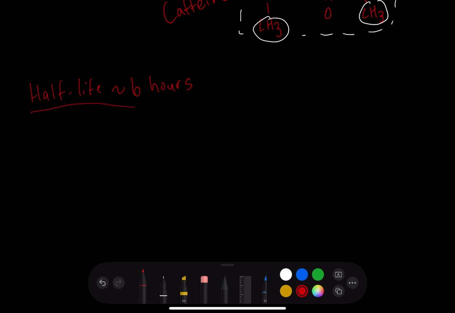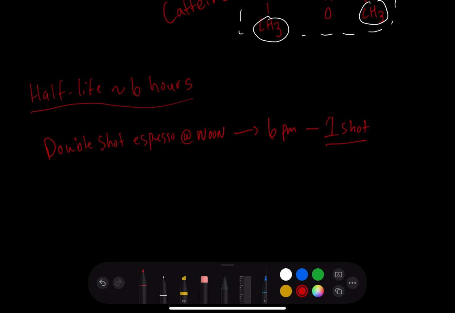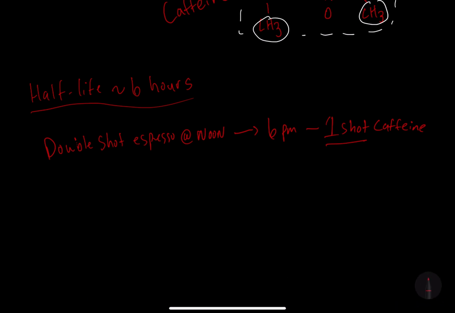So if the half-life is 6 hours, the reason I wanted to bring this up is let's say you drink a double shot of espresso at noon. Fast forward to 6 p.m., you're still going to have one shot of caffeine circulating in your system, okay?